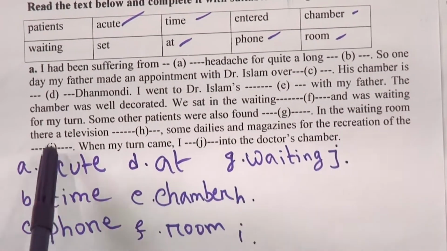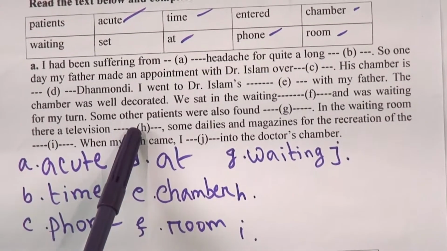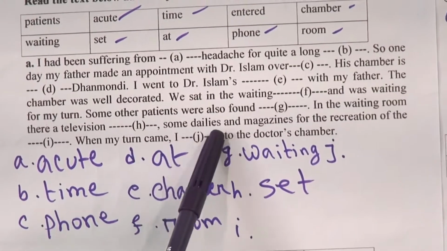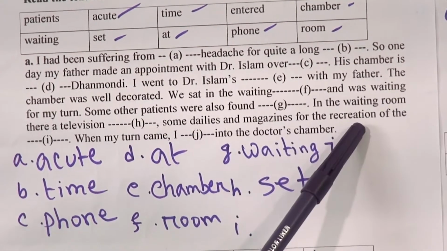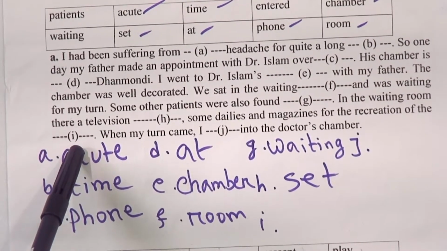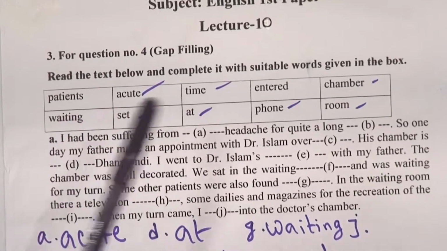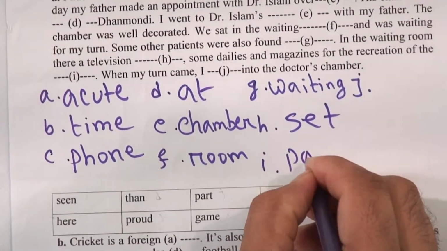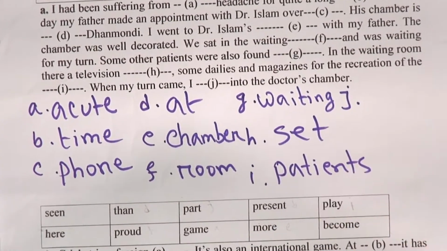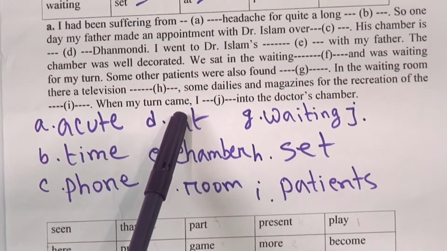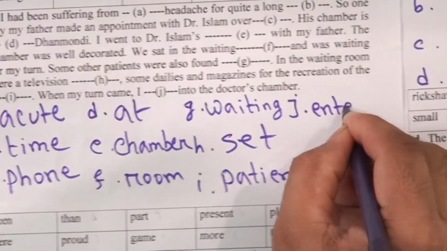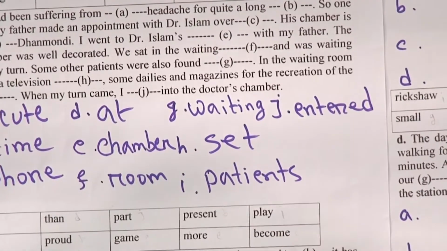In the waiting room, there is a television set, some dailies and magazines for the recreation of the patients. Right here, patients, P-A-T-I-E-N-T-S. When my turn came, I entered into the doctor's room. It's done.